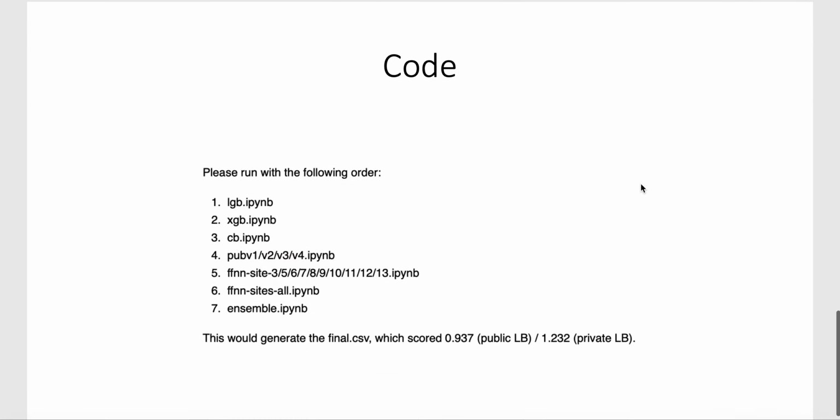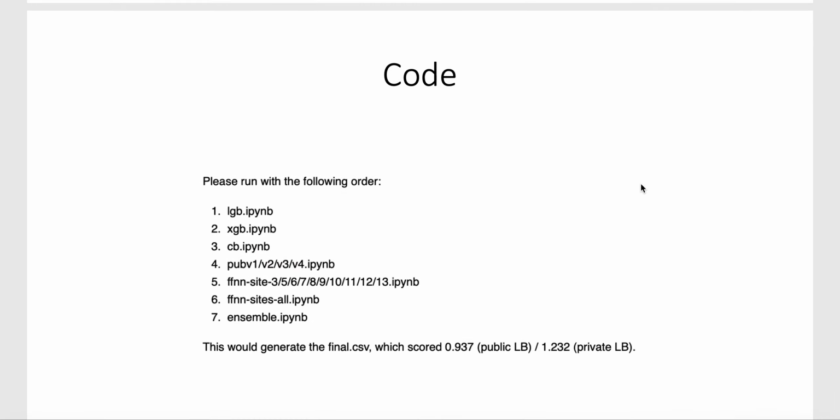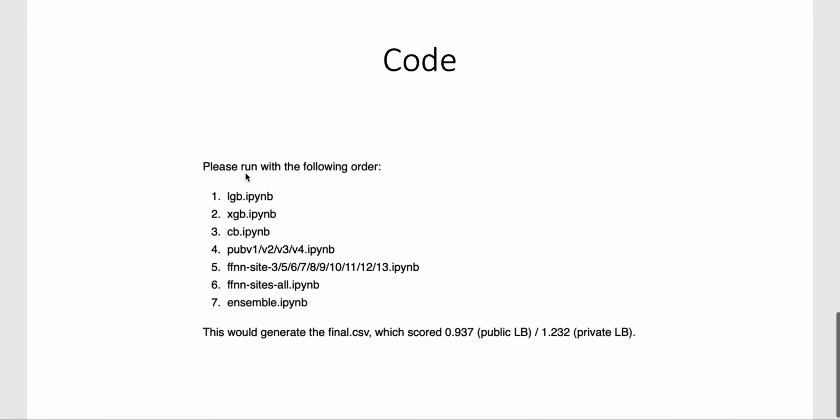So going over the code that has been shared, it should be fairly simple to run. It consists of Jupyter notebooks. The entire code base is in Python. The first notebook is the LGBM notebook, which builds the LightGBM models. Next is the XGB notebook, which builds the XGBoost models. The third is the CatBoost models.